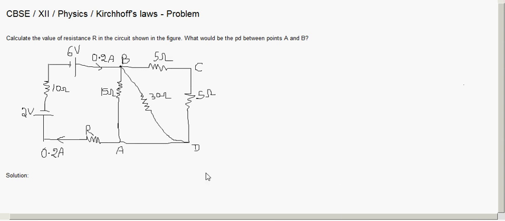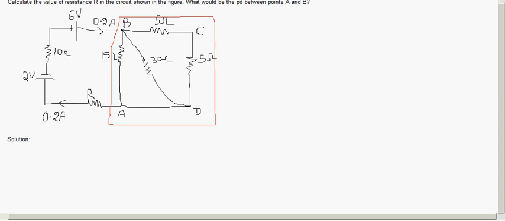So if I redraw this part B and D, this part will be equivalent to: B, A, D, 15 ohm, 30 ohm, and not 5 ohm, 5 plus 5, that is 10 ohm.